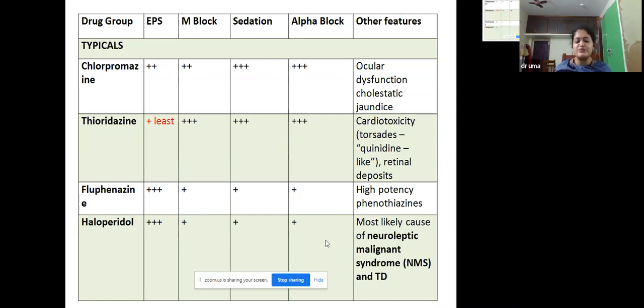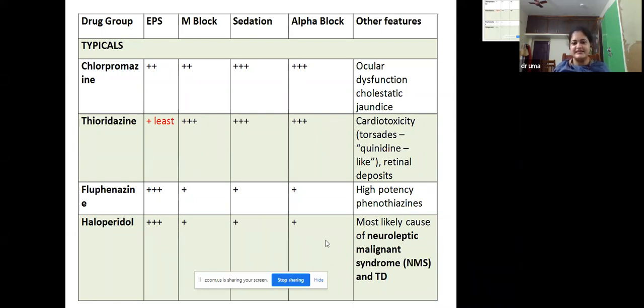Among the typicals, the one which produces the least EPS is thioridazine. Why does it produce the least EPS? They have M blockade, alpha blockade, and also anticholinergic effects. Because of the anticholinergic effect, drug-induced extrapyramidal syndrome will be less. So thioridazine produces the least EPS.